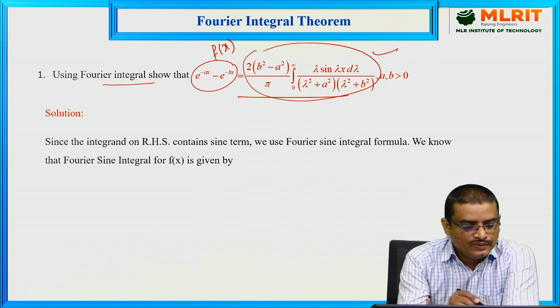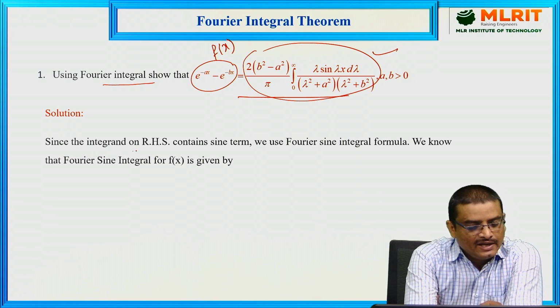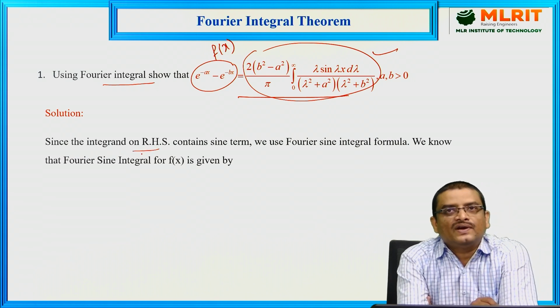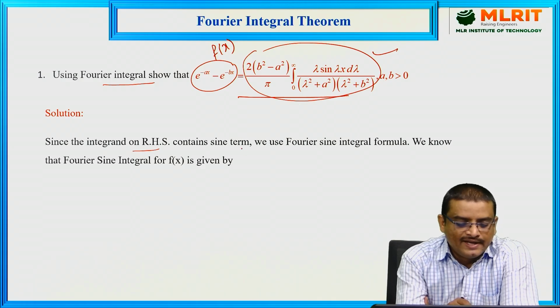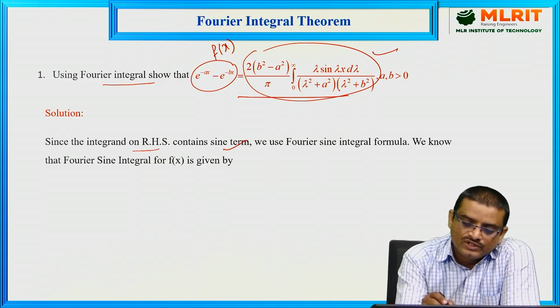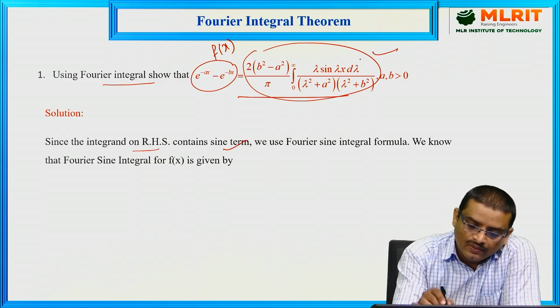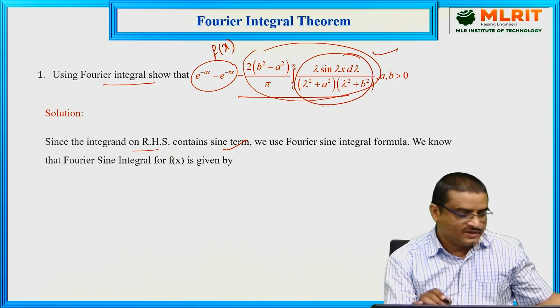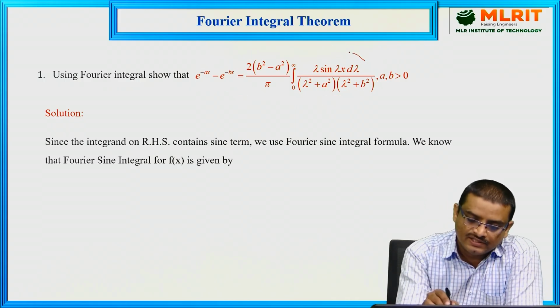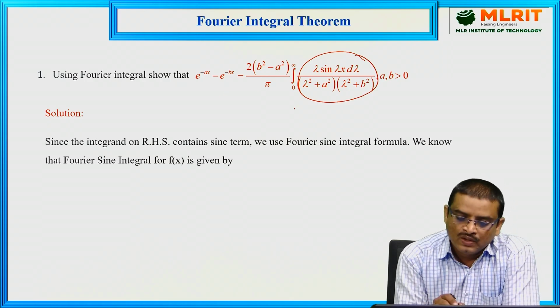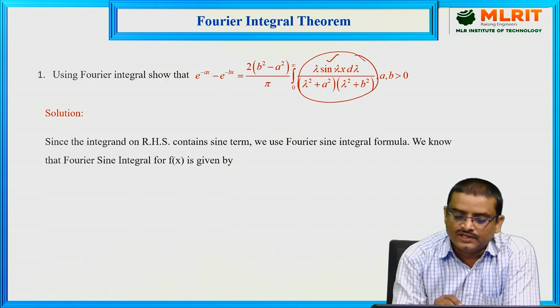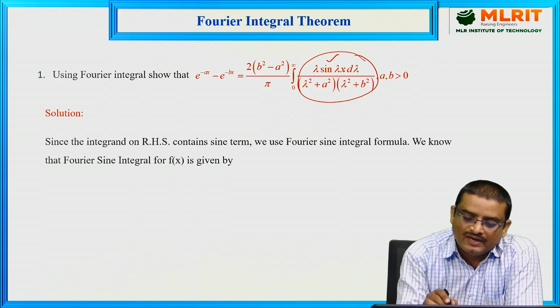So once you read this, since the integrand is nothing but the function inside the integral, the RHS contains a sine term here. So if you observe the function inside the integral on the RHS of this condition, here we have a sine function in terms of lambda into x.